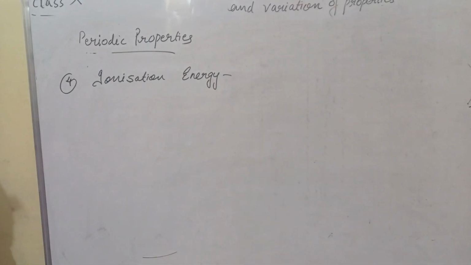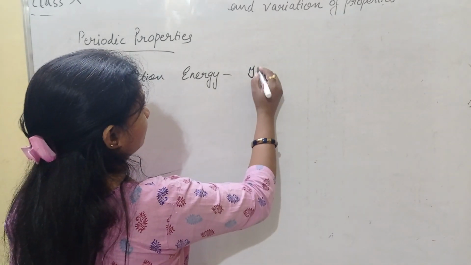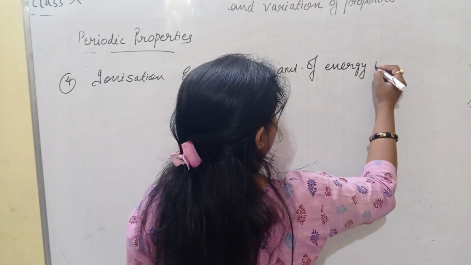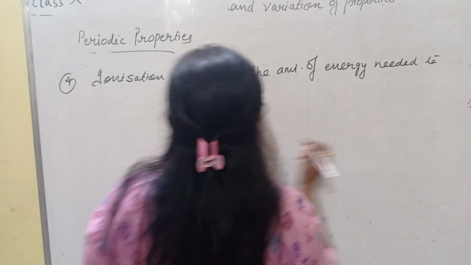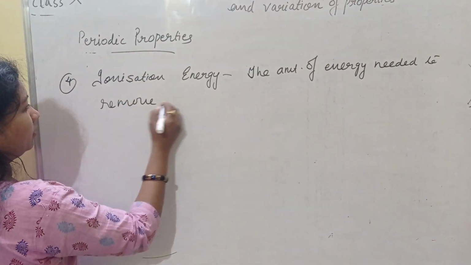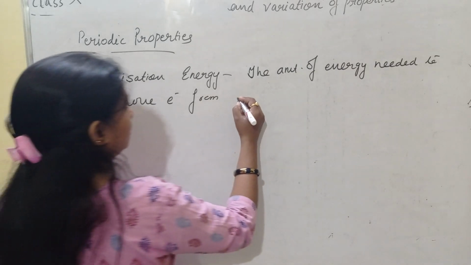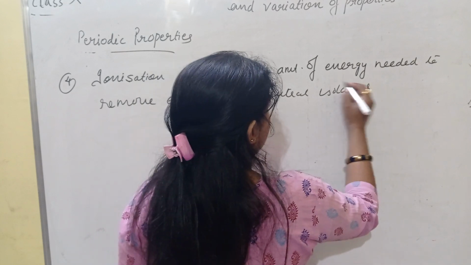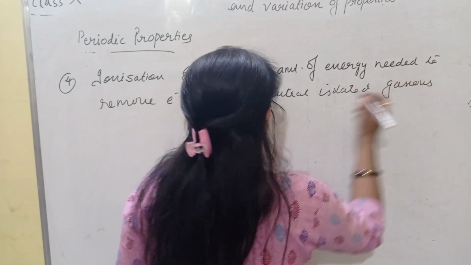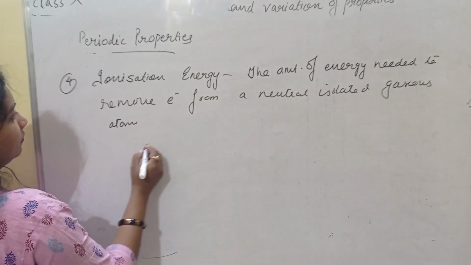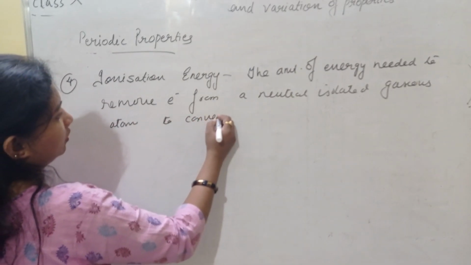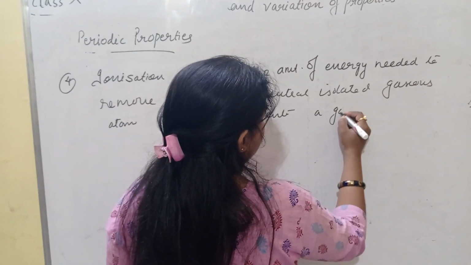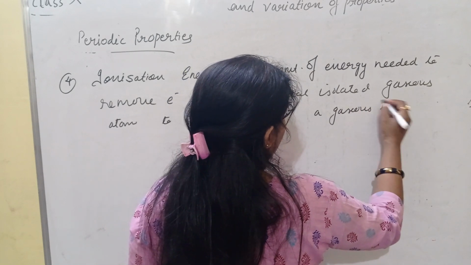First we'll define it. The amount of energy needed to remove an electron from a neutral isolated gaseous atom to convert it into a gaseous ion.